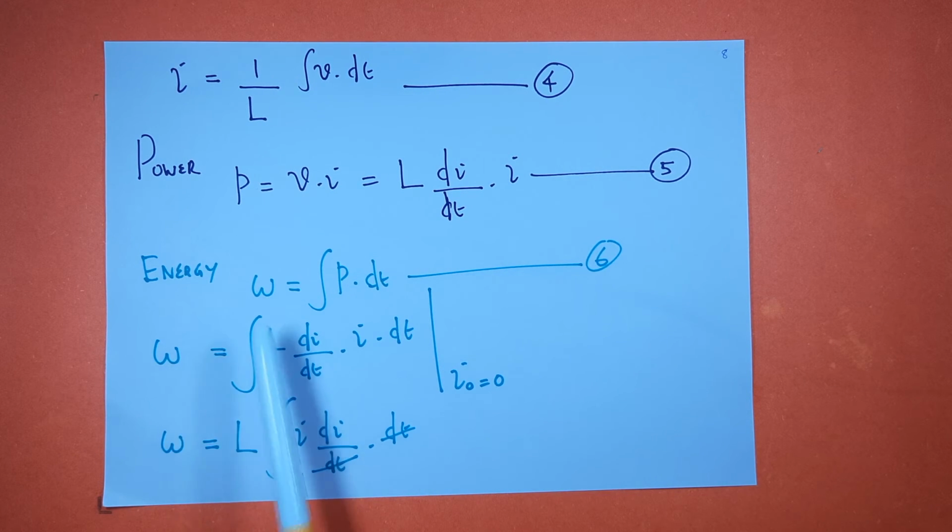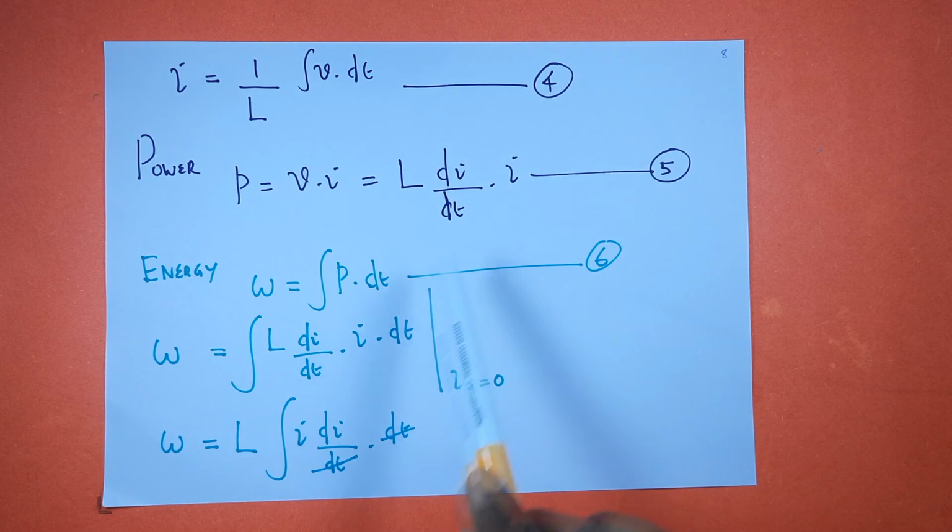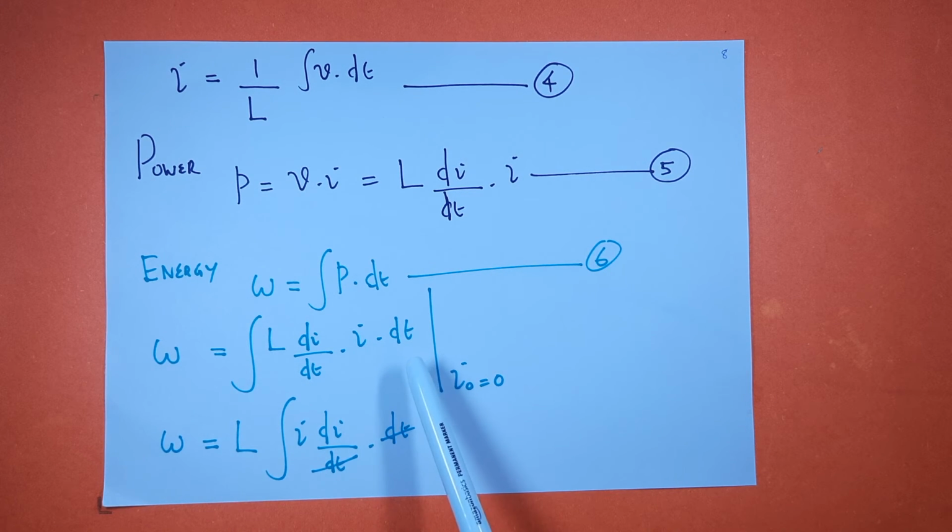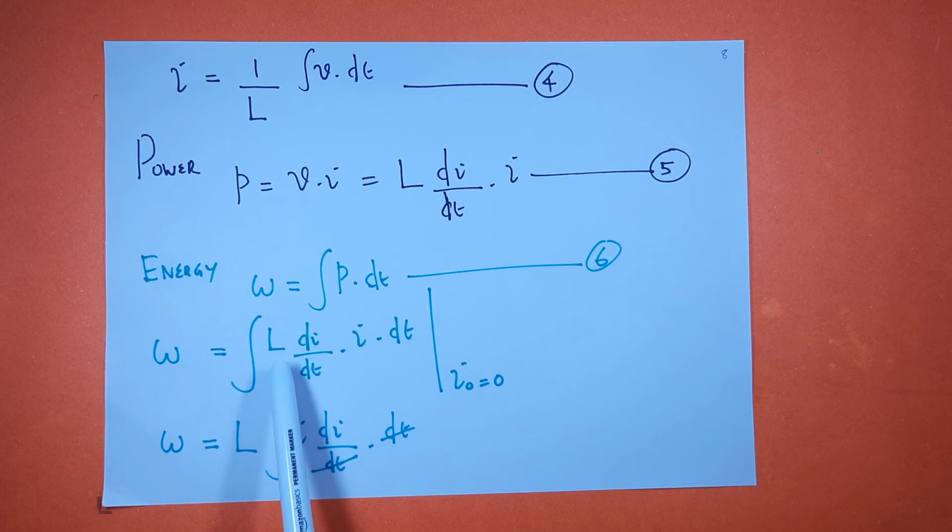Next, energy, W equal to integral p into dt. Just substitute p: integral L di by dt into i into dt, when the initial current is assumed to be 0, that is i naught equal to 0. L is constant, you take it outside. So W equal to L integral i di by dt multiplied by dt. This dt gets cancelled.